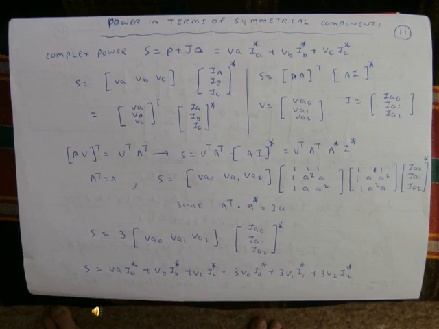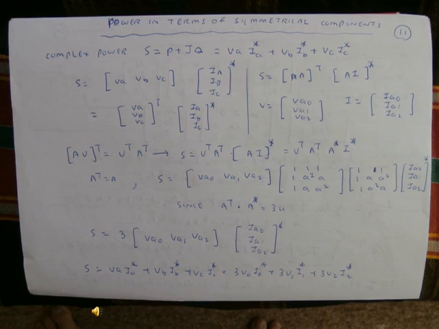So S is equal to VA0, VA1, VA2 matrix multiplied by the matrix of 1, 1, A square, A, 1, A square, A, multiplied by the matrix of 1, 1, A square, 1, A square, A, multiplied by IA0, IA1, IA2 conjugate matrix. Since A transform matrix times A conjugate matrix is equal to 3U, S is equal to 3 times VA0, VA1, VA2 matrix multiplied by IA0, IA1, IA2 conjugate matrix.